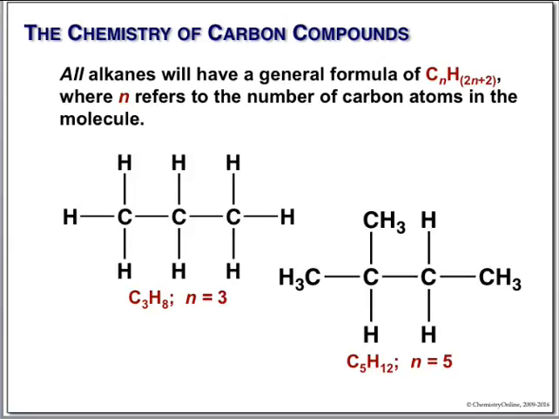An alkane, regardless of how branched it is, will always have the formula CnH2n+2. Now we'll see that we can do things with carbon compounds. We can form rings. When we do that, we get a different functional group called a cycloalkane that differs from this. But for a straight chain alkane, this is always true.